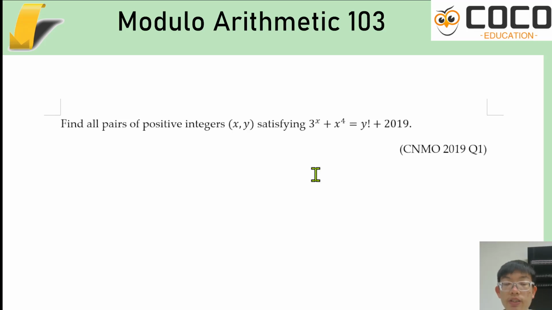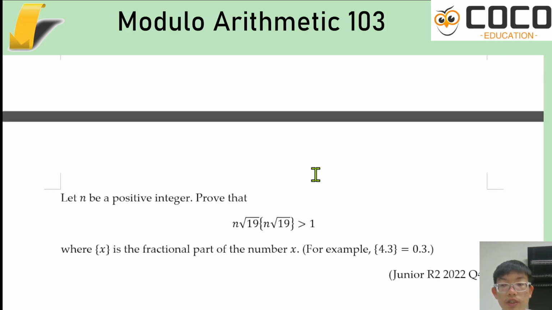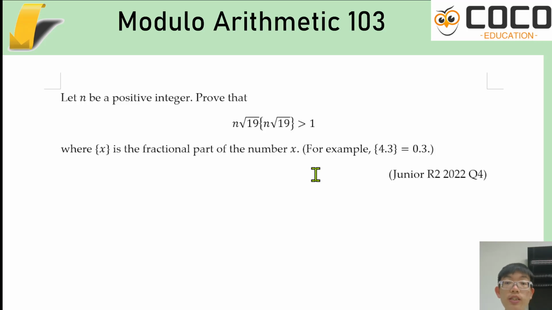Now, I just want to end off this video with a question from the junior round 2 a couple of years ago, just to point out that this modular arithmetic filter is useful in a lot of other ways that you will continue to discover. The fact that, let's say, a power of 3 can only be 1, 3, or 9 mod 13 may be useful in more situations than you think.